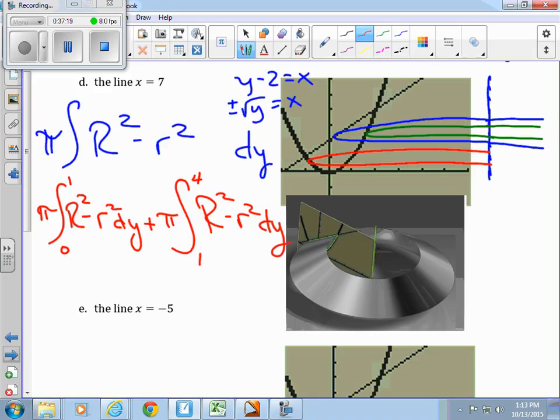So what we're really doing is breaking this up into 2 different volumes. We're finding the volume above the red line and a volume below the red line, right? So below the red line, my outside radius, what is this value? This distance, from here all the way back to there. 7 minus this side, right?